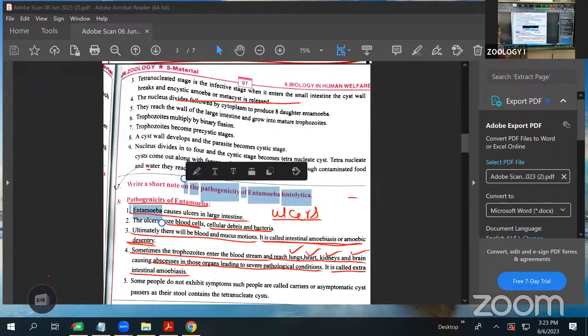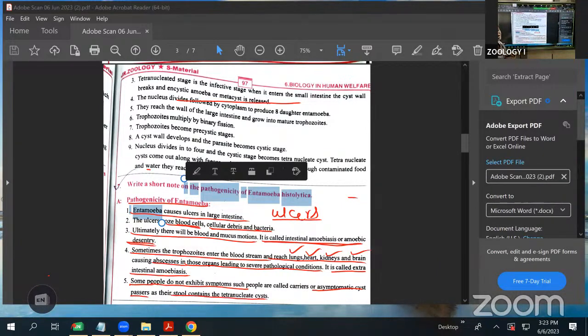Then, some people are asymptomatic cyst passers. Some people do not exhibit symptoms. Such people are called carriers or asymptomatic cyst passers. They do not have the symptoms of amoebiasis, but their fecal matter or stool contains the tetranucleated cyst.